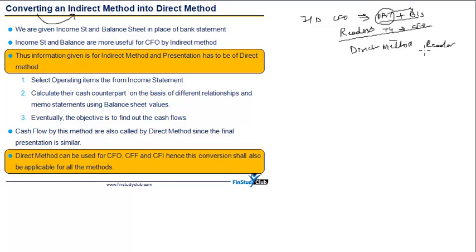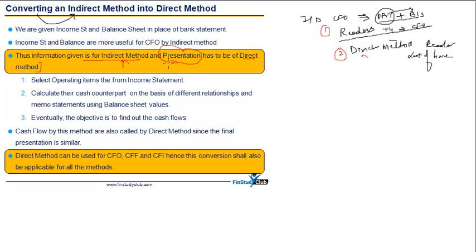The only thing is it takes a lot of time. So I am basically trying to combine both objectives, wherein my hard work is lesser but the representation for the user is very good. Therefore, I am trying to use the information given for the indirect method, and finally present the cash flows according to the direct method.